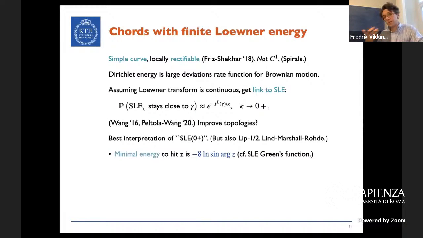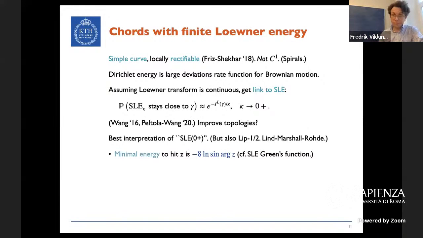Okay, so once you have this connection to SLEs, you can start thinking about what you can learn about finite energy chords. For those of you who know SLE theory, you have probably seen the SLE Green's function, which is the density that tells you a renormalized probability that the curve gets close to a given point.